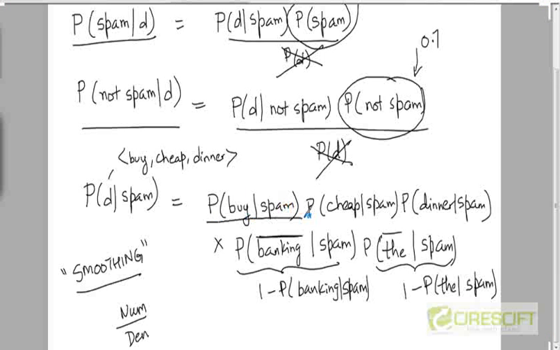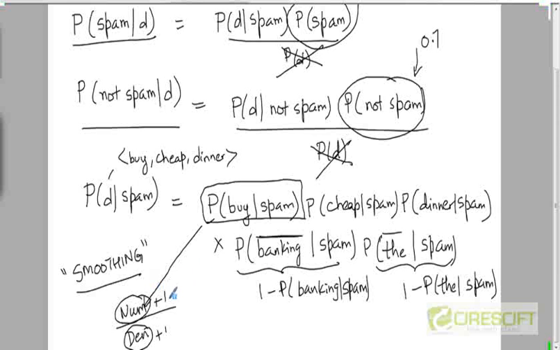So if you're looking at this particular term, for example, the numerator would be the number of documents from the spam class which have the word by, divided by the total number of documents in the spam class. Now this particular numerator and denominator would not exactly be what I just described. You may want to add a 1 to both the numerator and the denominator. This is going to ensure that this fraction can never be 0.